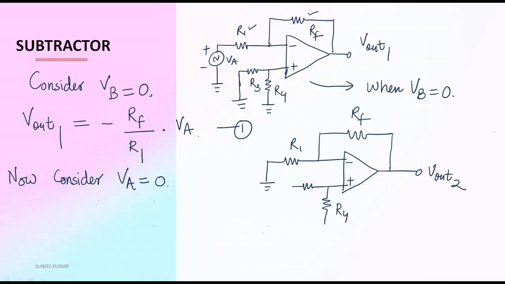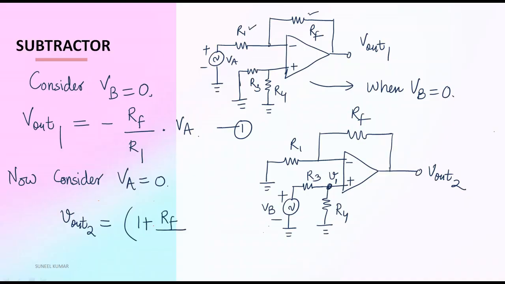And we have R3, this one is R4, and the voltage here is VB. For this, let's say this is V1, we will get output 2 as, we have analyzed the non-inverting amplifier previously, 1 plus RF upon R1 into V1.